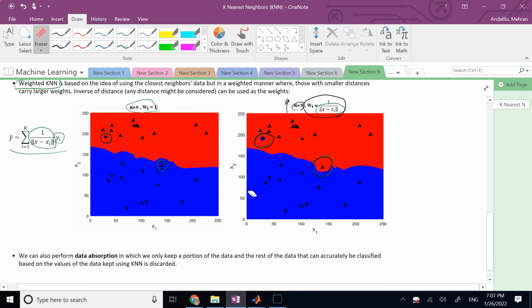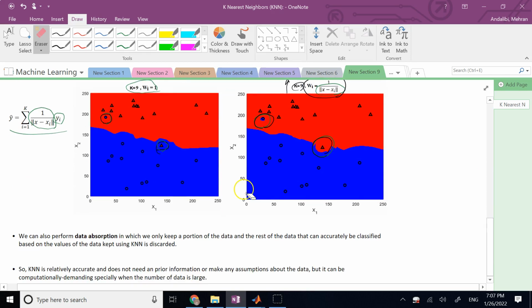While that plot is being generated, there is one more thing I wanted to mention as the last point. Sometimes, because the KNN method is computationally demanding, it could be very slow. One of the things that some people do to accelerate this is they reduce the total number of training data that they have by something they call data absorption.